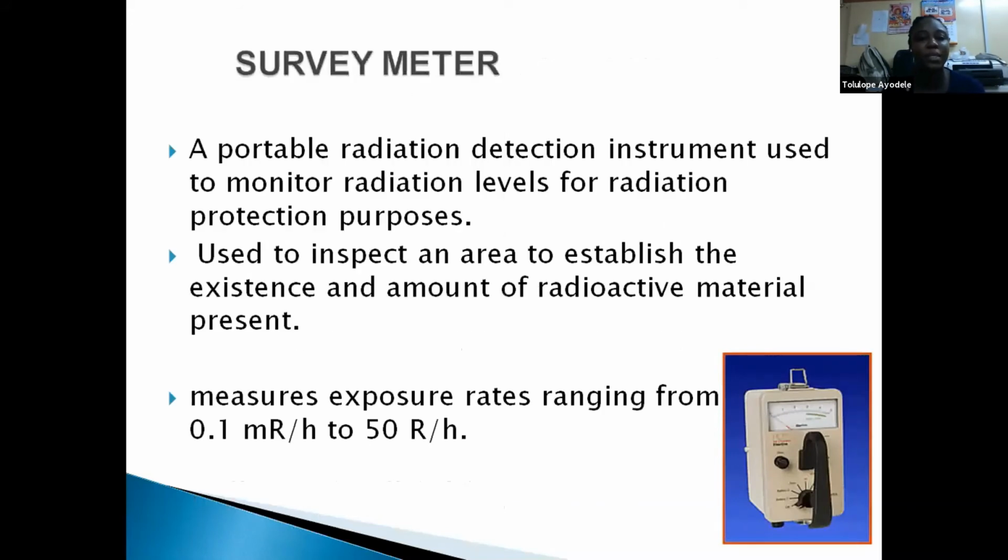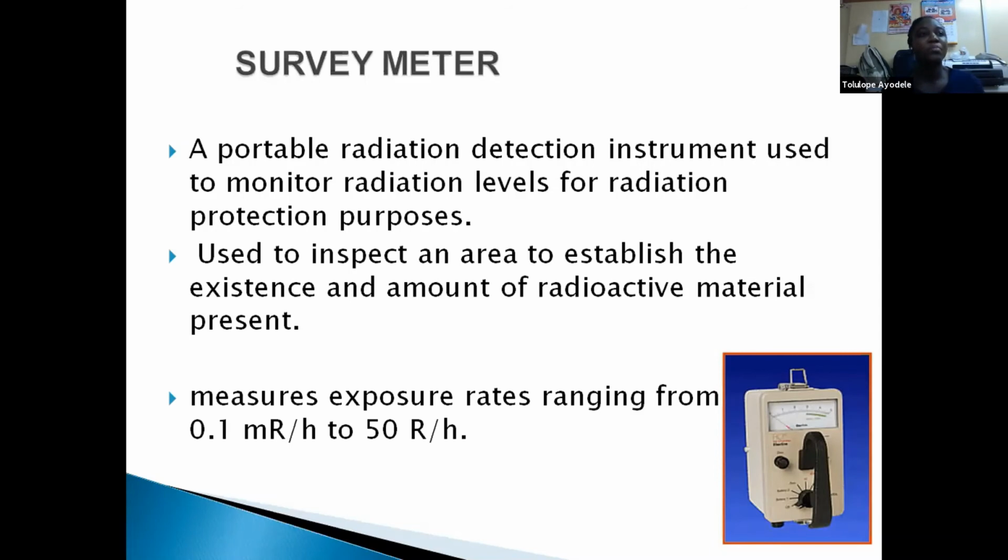Let's look at another instrument used in nuclear medicine. We have the survey meter, the portable radiation detector. It's handheld and is used to monitor radiation levels for the purpose of radiation protection. You could detect the level of radiation in an area, be it natural or artificial radioactivity.